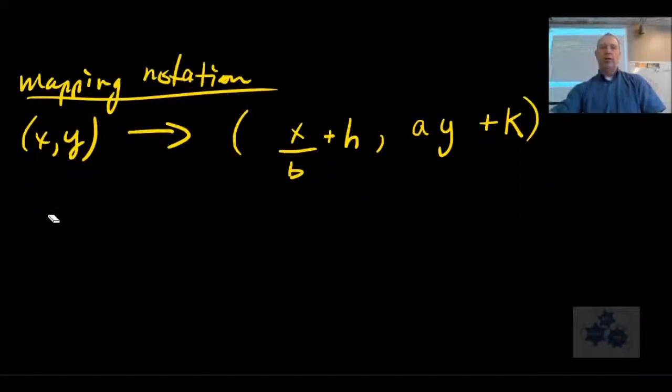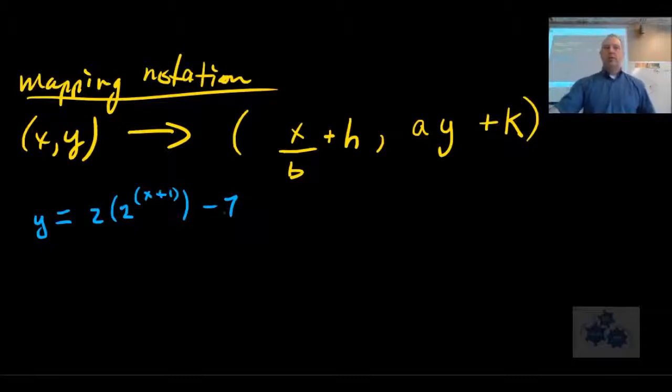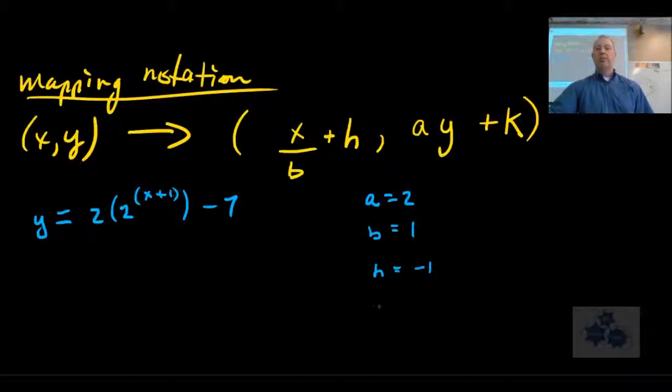So let's say for a certain function, let's just make one up here. y equals 2 times 2 to the power of x plus 1, minus 7. If this is our function here, we can identify a as 2, b is what? 1, h is actually negative 1, and k is negative 7.